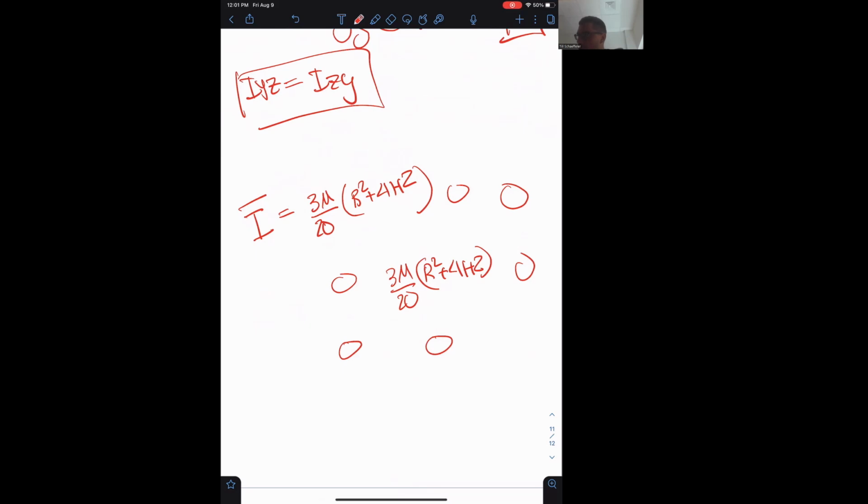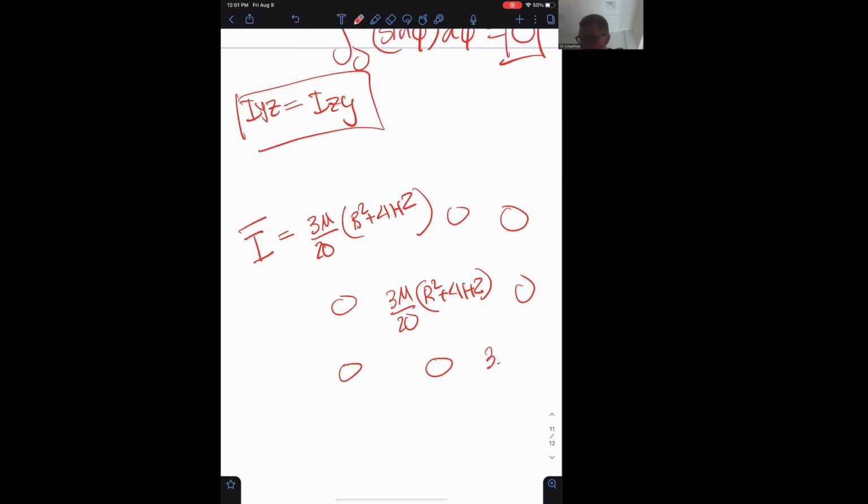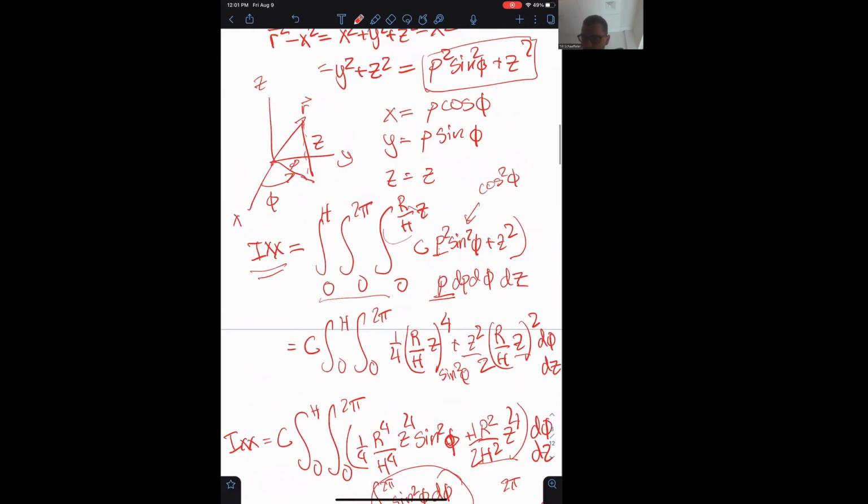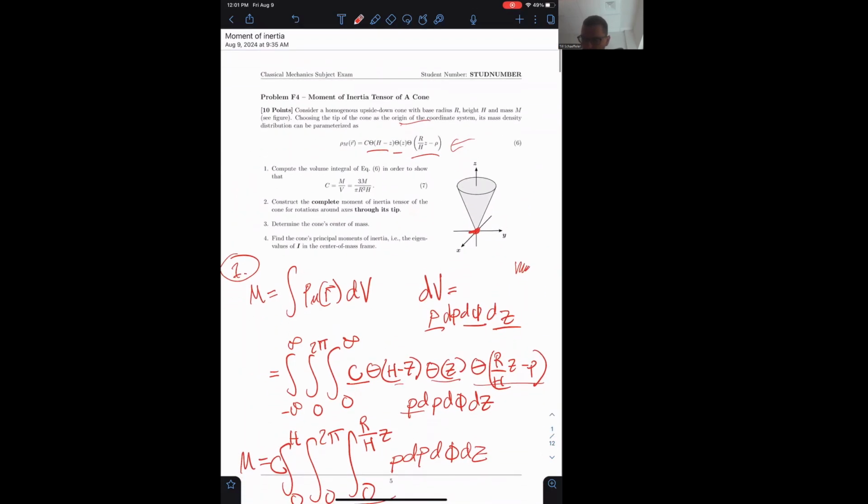And then the only one that was different and also non-zero was Izz. Okay, so that is the complete moment of inertia tensor of a cone through its tip. So we answered number 1 and number 2 now.